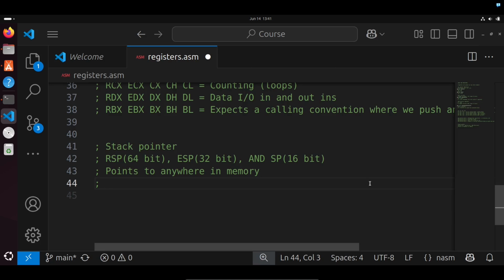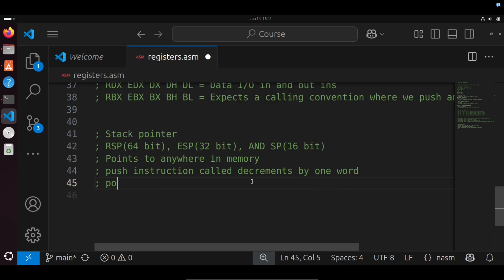And then anytime a push instruction is called, it will push some data to the stack, which will decrement this pointer, RSP, by the current word size. So if it's a 32-bit machine, it'll decrement it by 4 bytes. If it's a 64-bit machine, it'll decrement it by 8 bytes. So it decrements by 1 word. If you pop, it increments by 1 word.